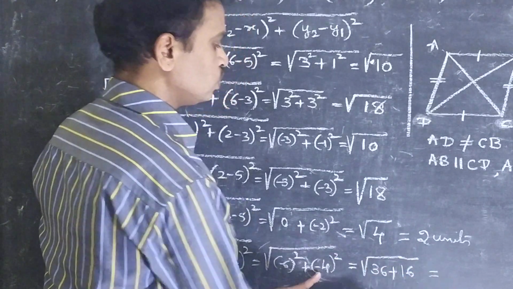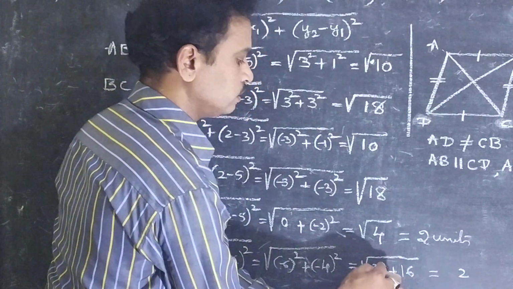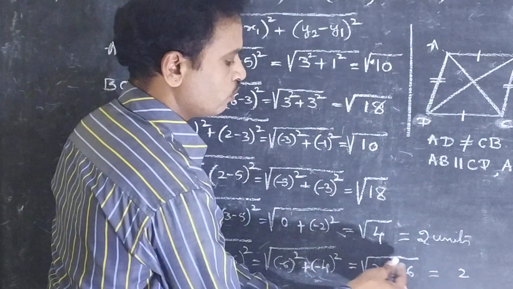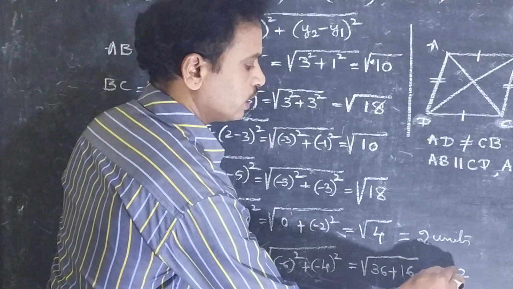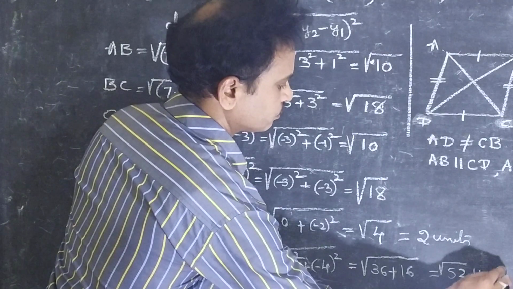So add these two: 36 plus 16 is 52. That means square root of 52 units.